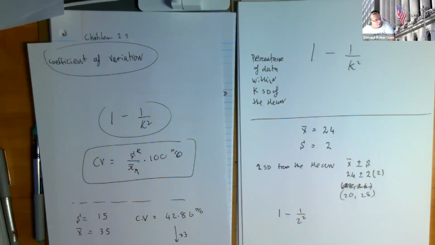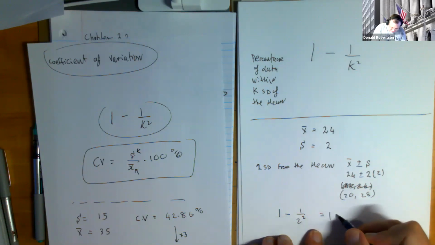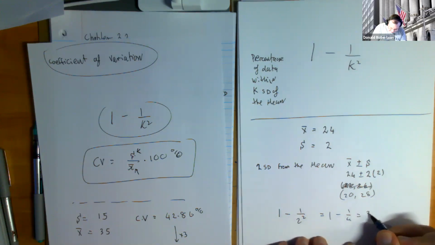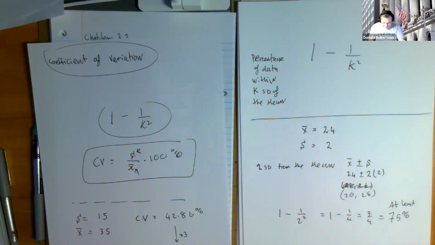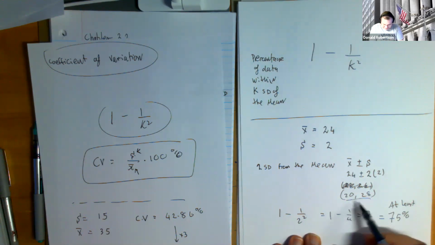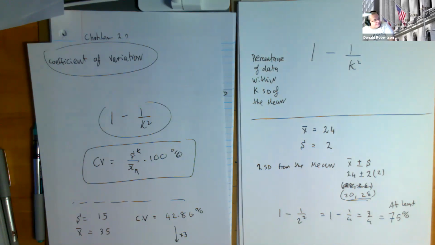The formula doesn't work because it says none of the data is in that range. But this one does work. Isn't that 3/4? Which means 75%. And the answer is at least 75%. It could be better than that. So I know about 75% of OC students are in that range.